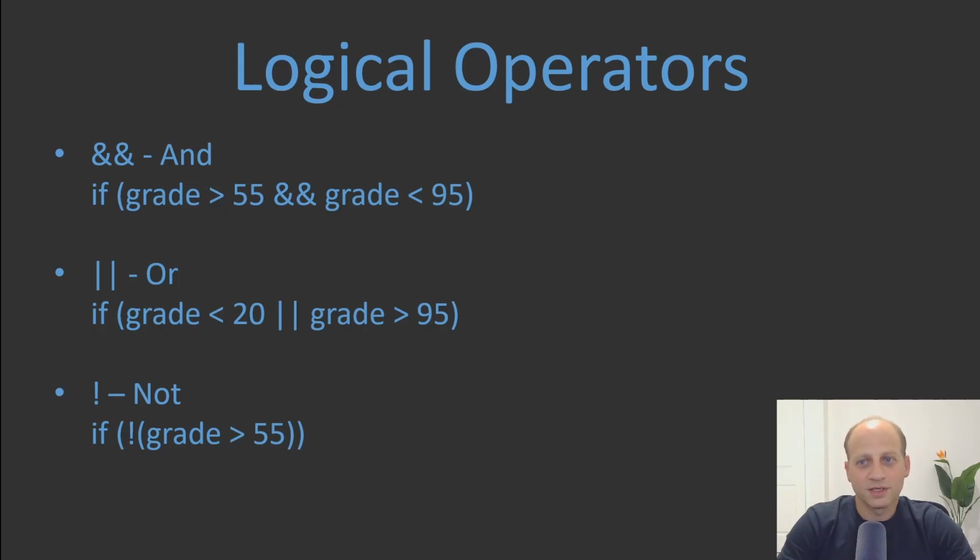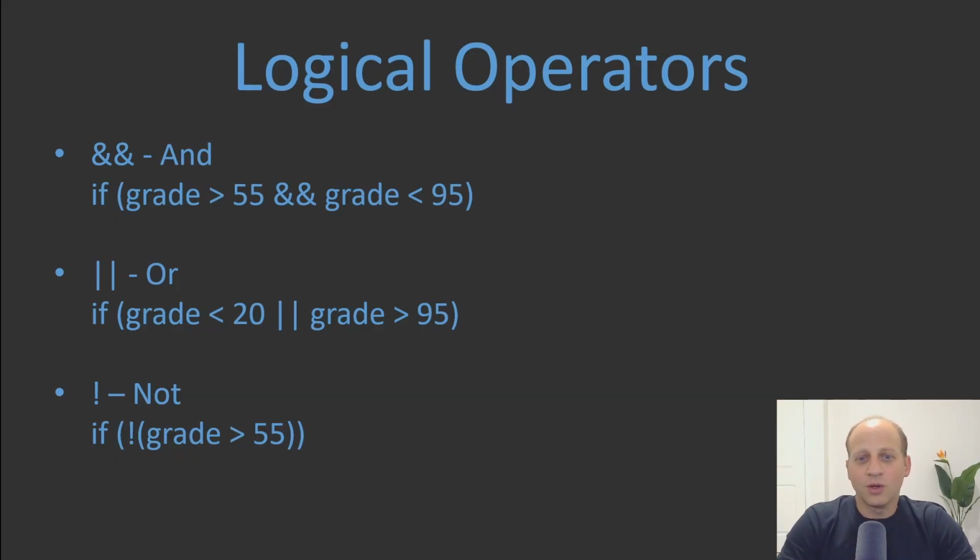In this case, only if both conditions are evaluated to true, the whole if will be evaluated to true. When it's enough for one part of the condition to be true, we can use OR using two pipes. In this case, the if will be evaluated to true if at least one condition is true.